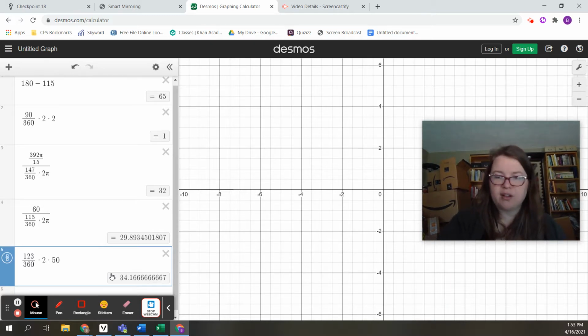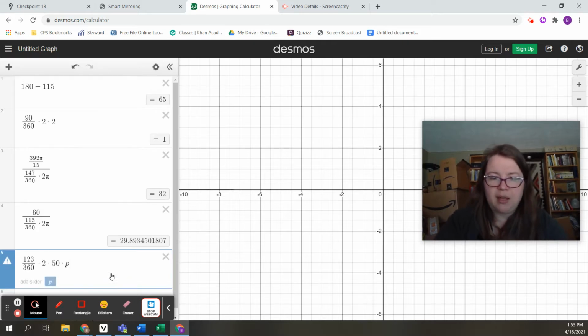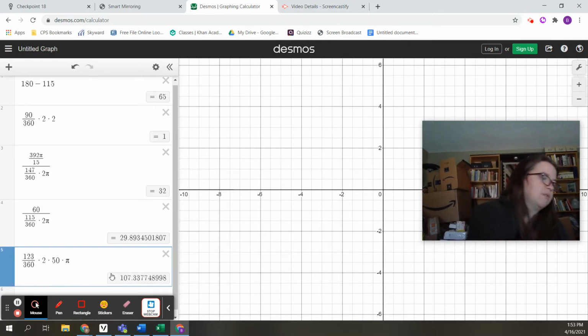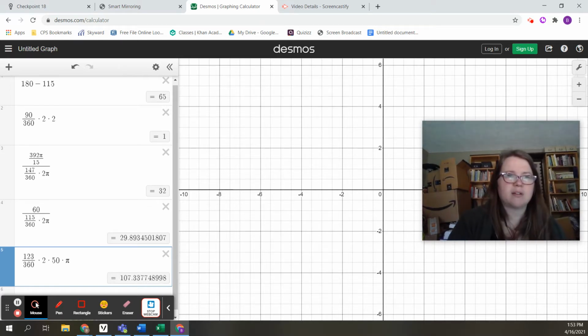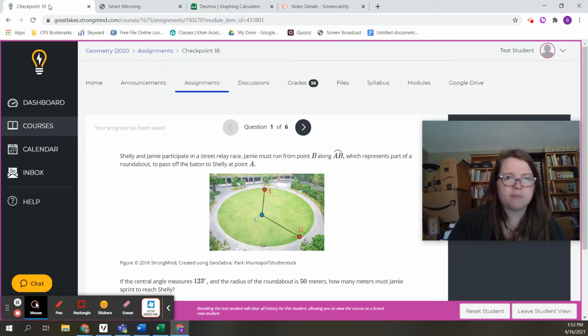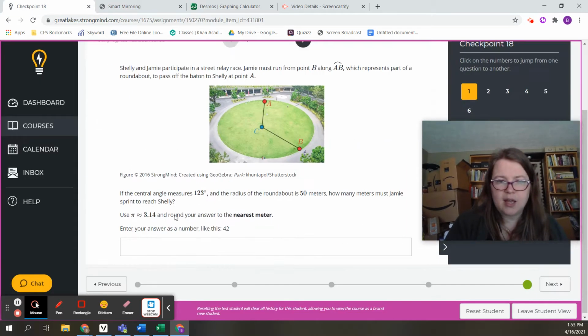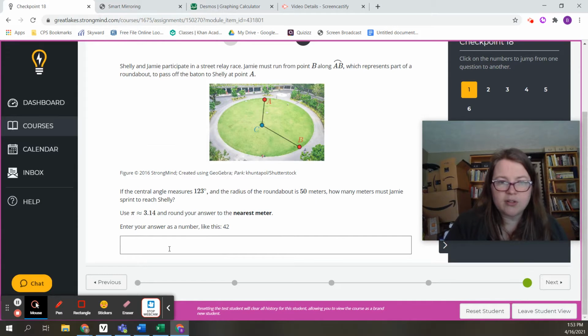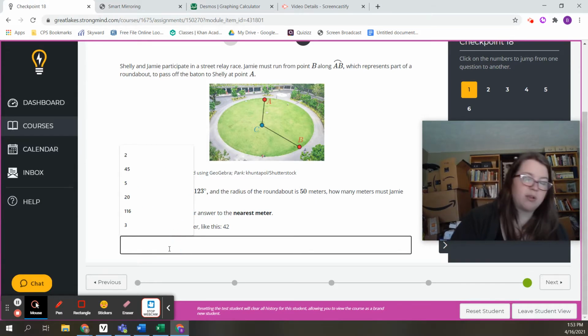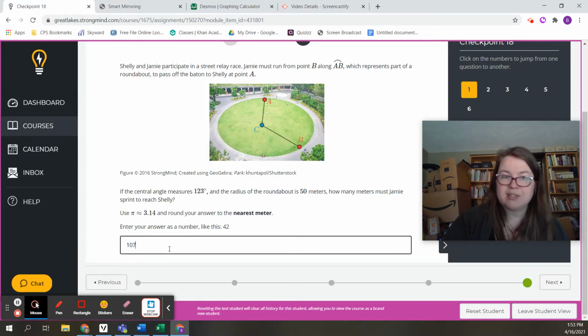Oh no, we won't want it for sure, because it wouldn't make sense to measure something with pi. So I'm going to put pi back in here. Look at 107.3377. Now let's go back to the question and see what we're supposed to answer. It says how many meters rounded to the nearest meter. So 107.33 rounds to 107. And that's all we do for that one.